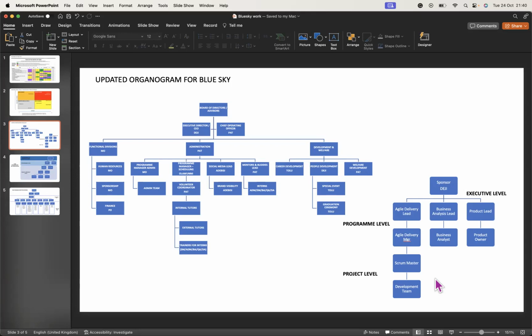Normally we don't recommend more than two, but in some organizations they will put you on three. The reason you are called agile delivery manager is because they expect you to be able to do a level of budgeting and a level of planning for the resources.